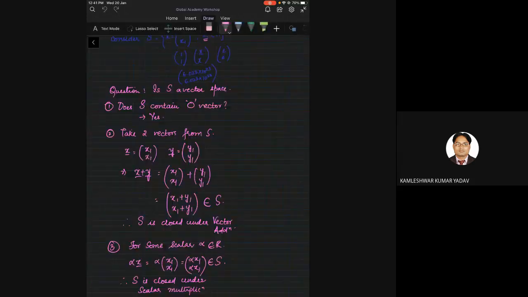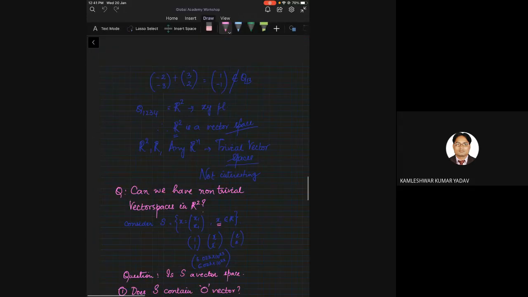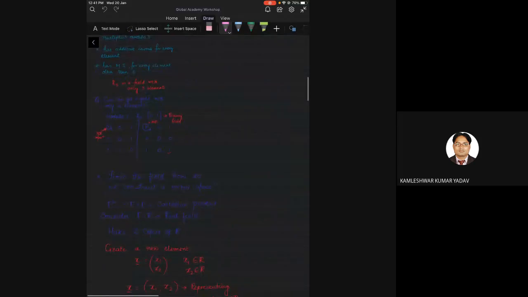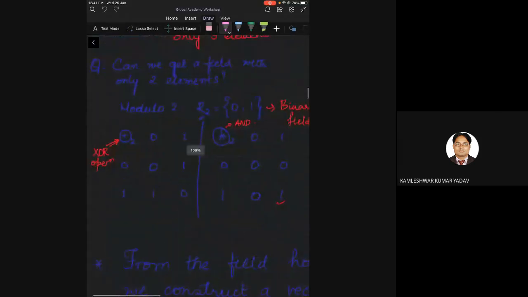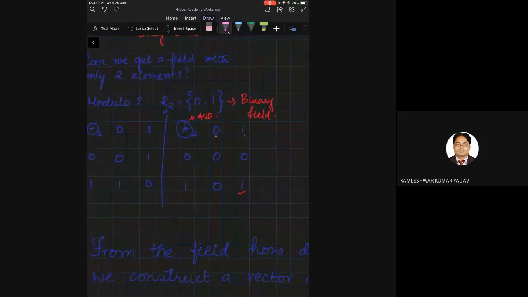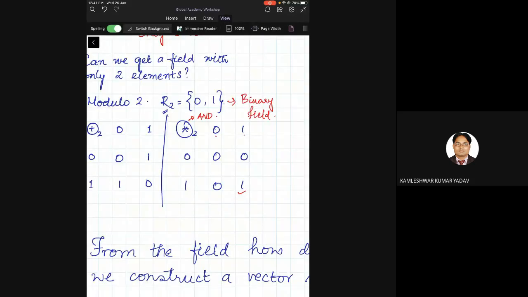Vector spaces, we did fields and all, right? This is what we did yesterday. You remember when we did multiplication, we said that you take these two elements 0, 1 and you do multiplication.